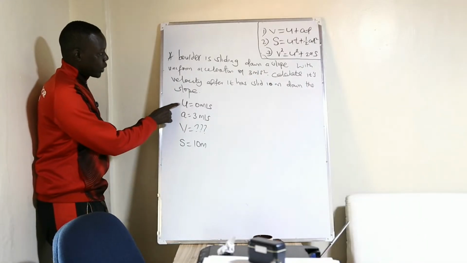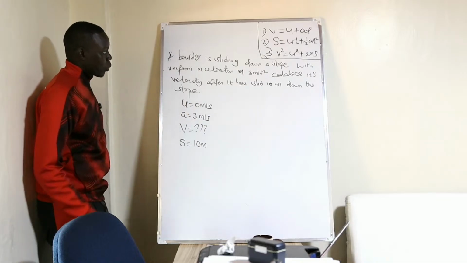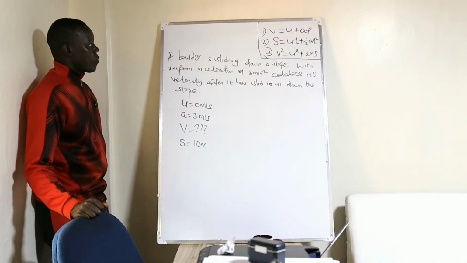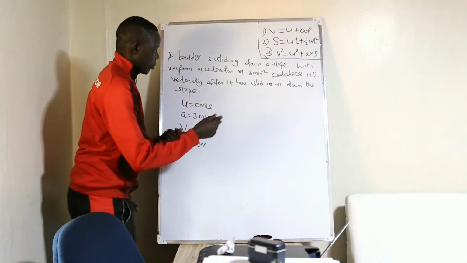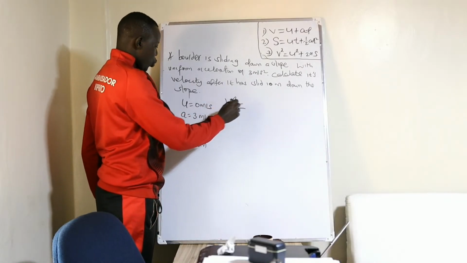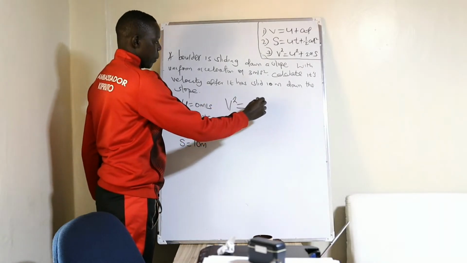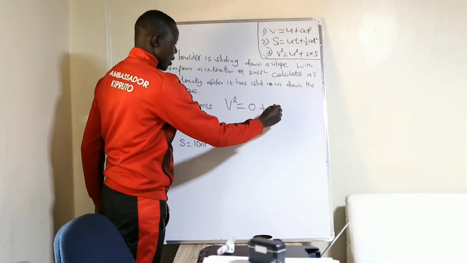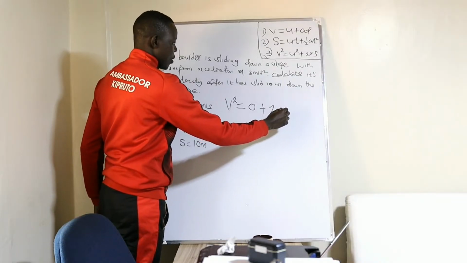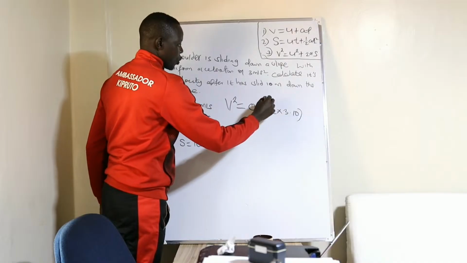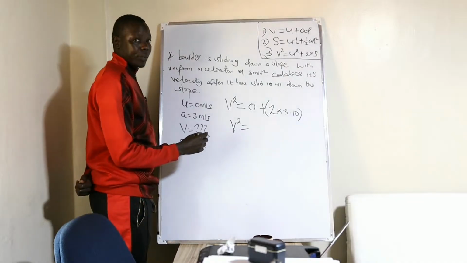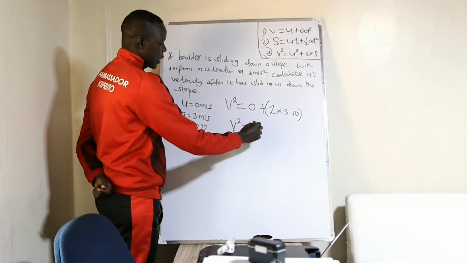That one will give us V squared is equal to U squared plus 2AS. V squared is equal to 0 plus 2 times 3 times 10. So V squared is 2 times 3 times 10, which is 60.